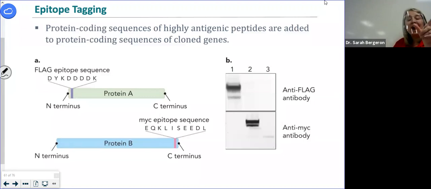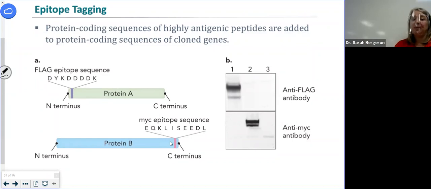So either a flag tag or a myc tag, there are many different ones, but you put this little tag at the very beginning of the protein or you put this little tag at the very end of the protein. And the tag is really just a sequence of residues. And now a flag tag, you go out on the market, you can buy antibodies to flag tags for really, really cheap. Right? And so basically I've created an epitope on my protein of interest.